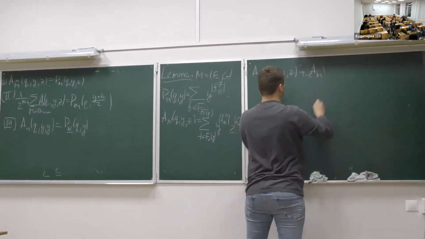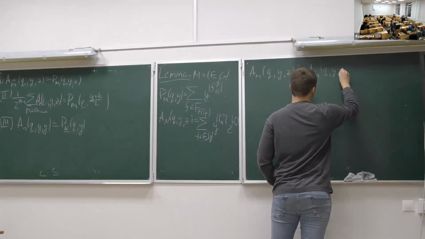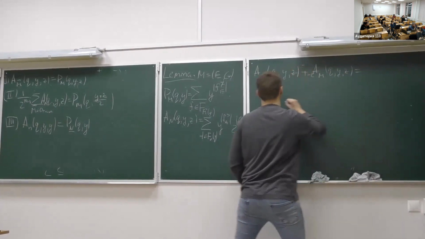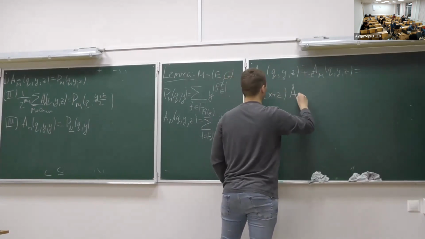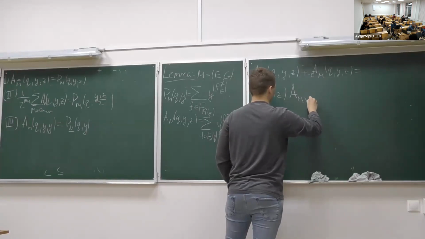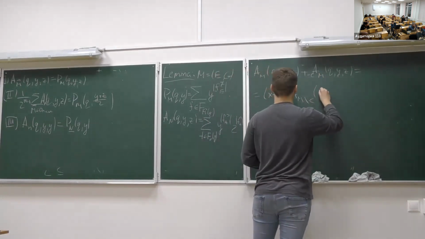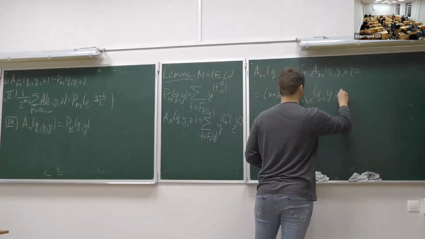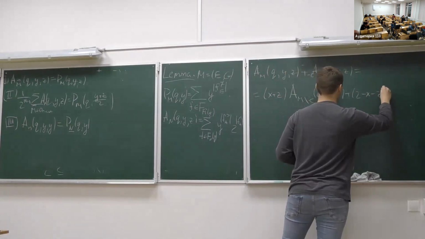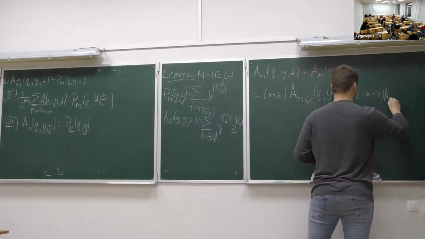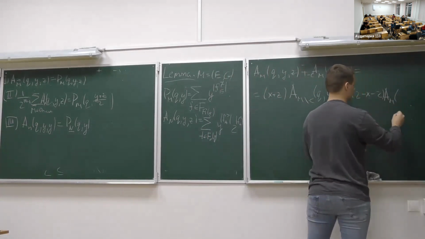So here we reoriented one edge. And it equals x plus that. Then we delete an edge. Plus 2 minus x minus z multiplied by the polynomial with the contracted edge.